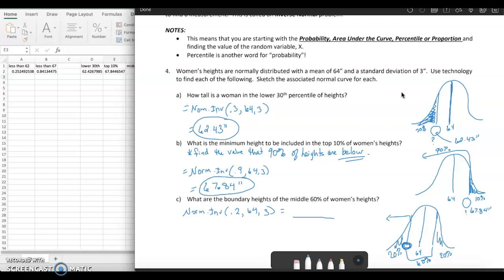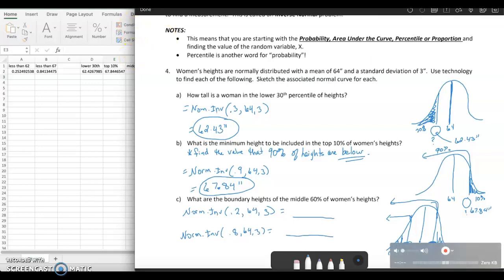I can't say the value that 20% are above. That's not a command I have. But if 20% are above, that's the same thing as 80% being below. So to find this value right here, I'm going to type in norm.inv 0.8, 64 and 3. And that's going to tell me these two boundary heights. I just have to figure out how to put it into Excel in a way that Excel will accept it.